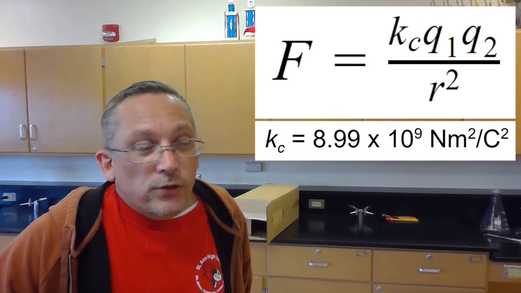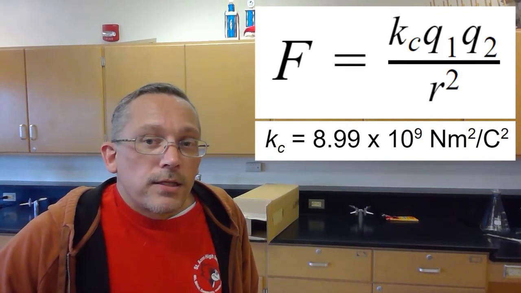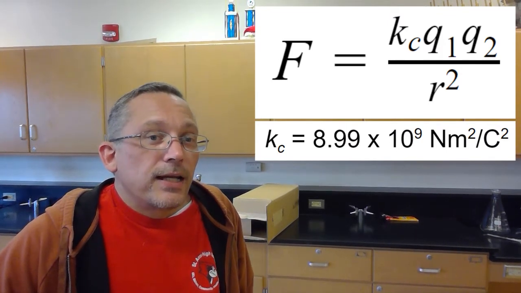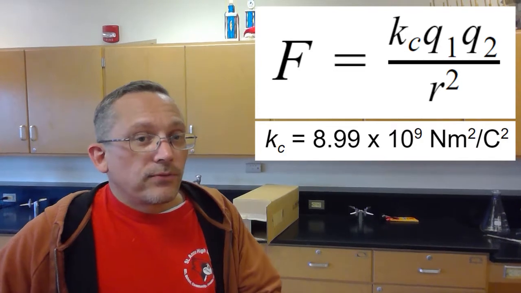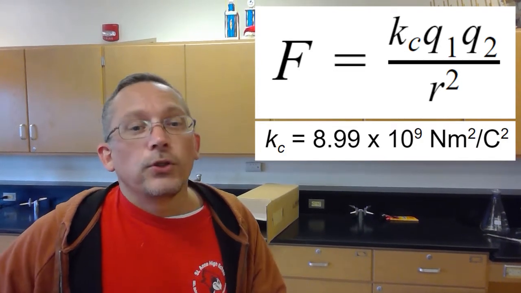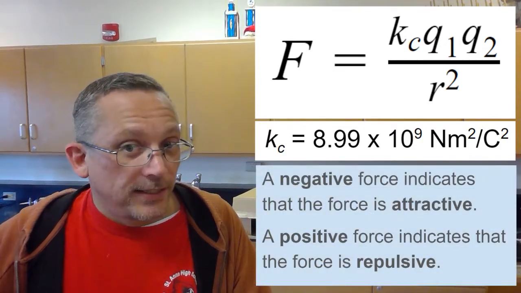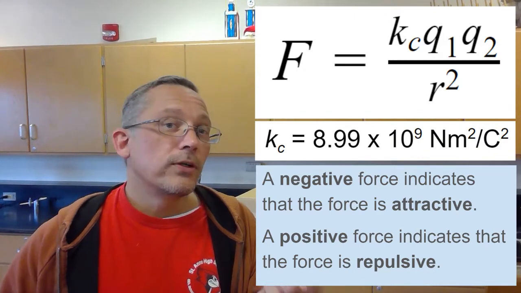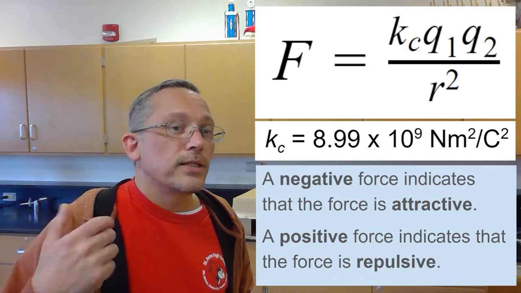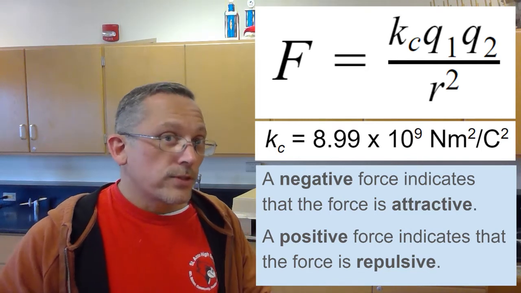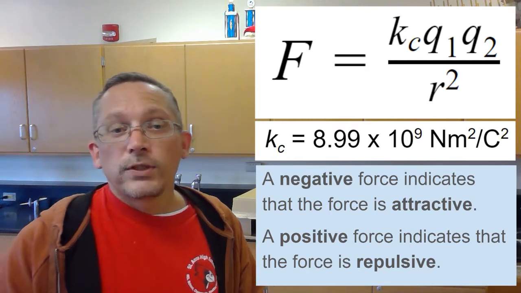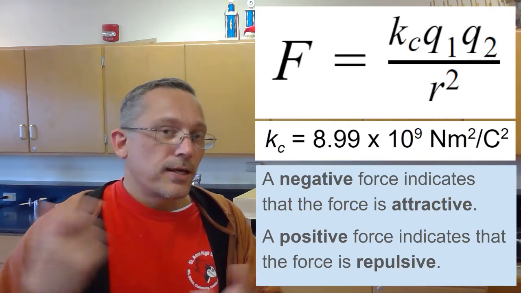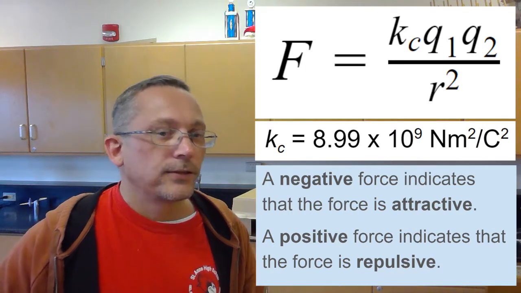Okay, when you're using Coulomb's law, some important things to note: if you have a force that is negative, you get a force that is attractive. So think about that Q1 and Q2. If one of those is positive and the other one is negative, then your force is going to end up being negative, which means that you have an attractive force because opposite charges attract.